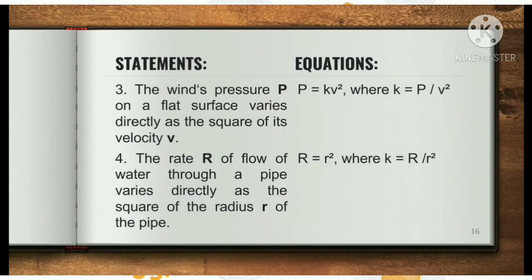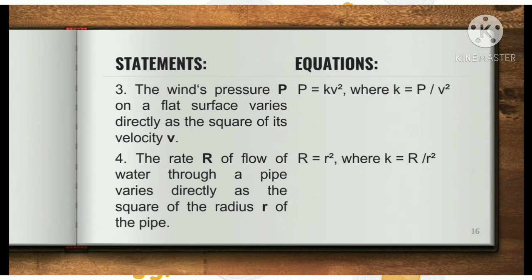Number 3, the wind's pressure P on a flat surface varies directly as the square of its velocity, v. This will be translated as P equals kv squared.